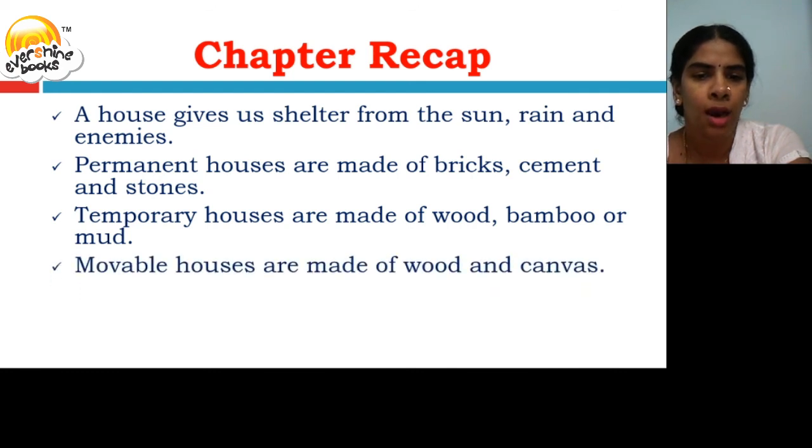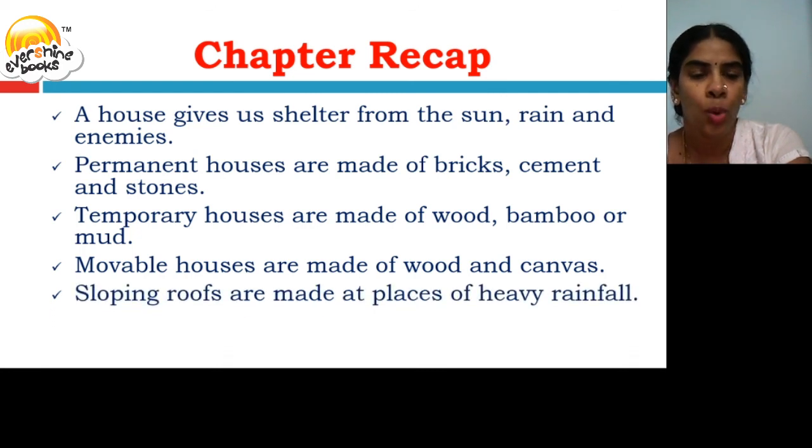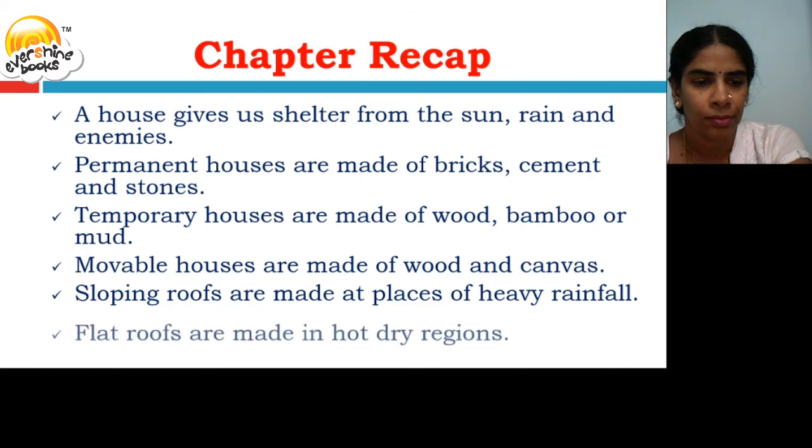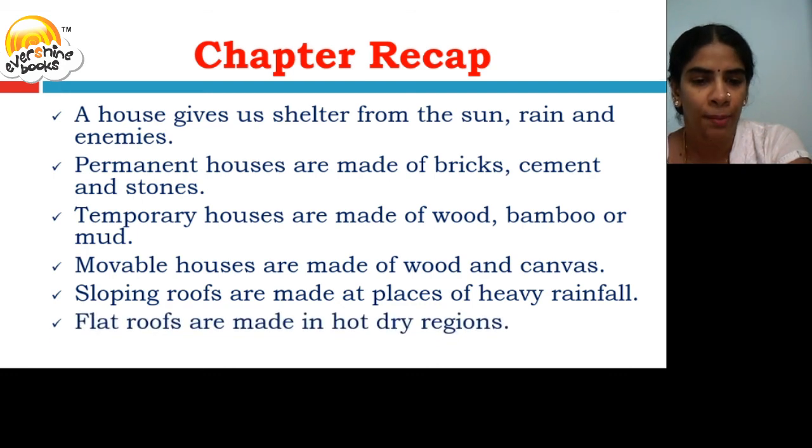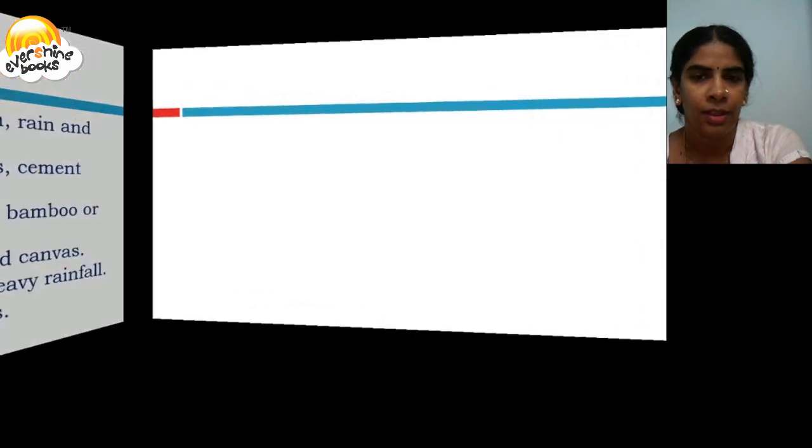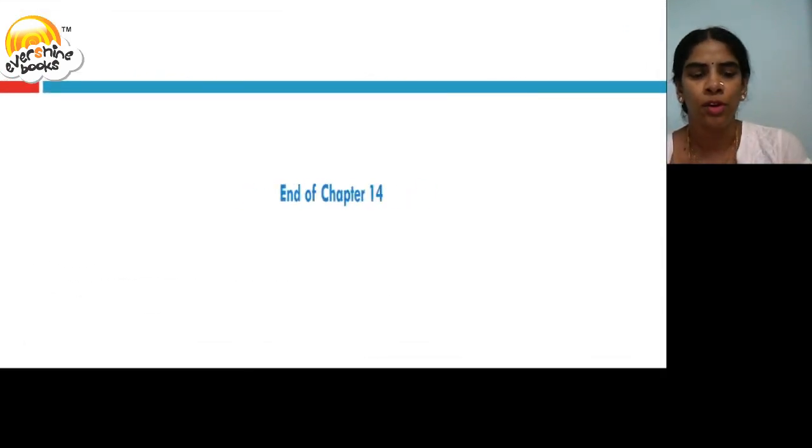Movable houses are made up of wood and canvas. Sloping roofs are made at places having heavy rainfall or snowfall. Flat roofs are made in hot, dry regions. This ends chapter 14.